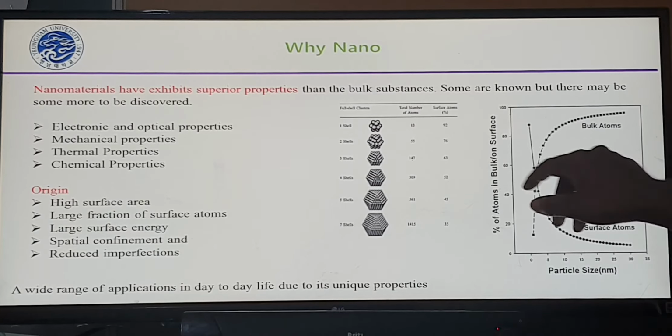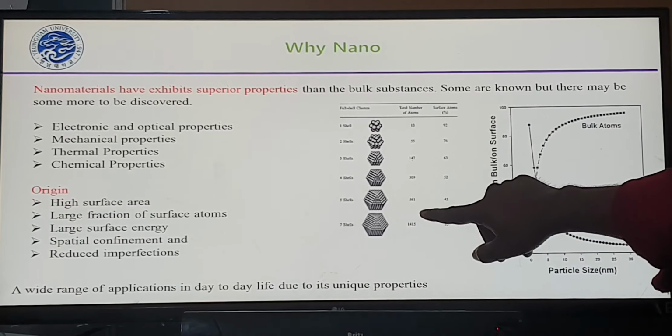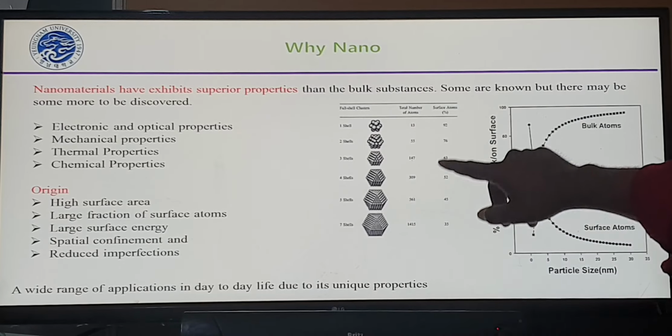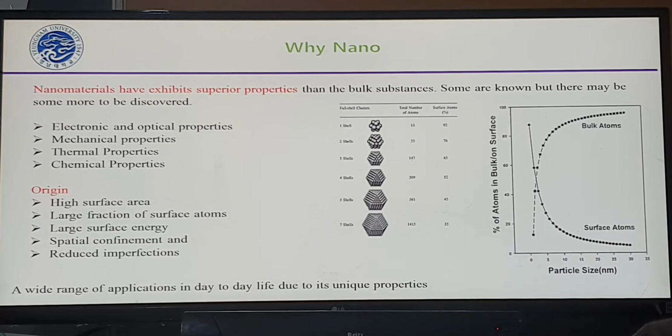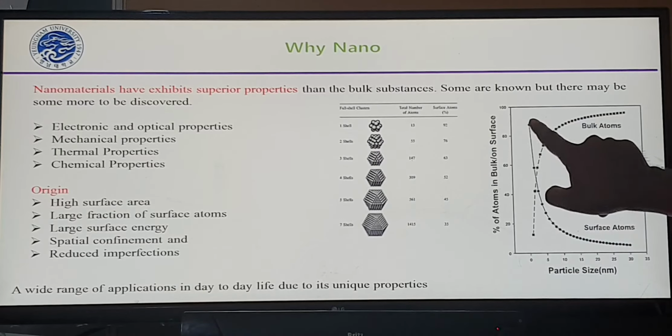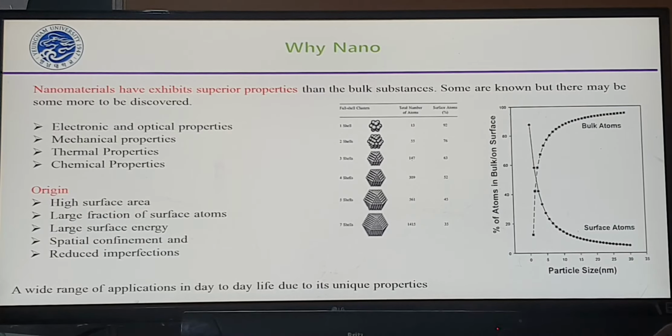Here you can see the number of atoms and the surface atoms. As the particle size is reducing, the atoms on the surface are increasing. If you see here, as the size decreases, the surface atoms increase.